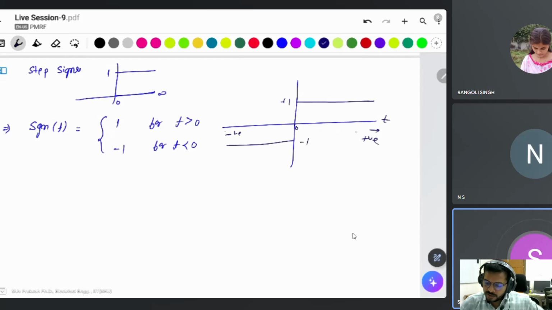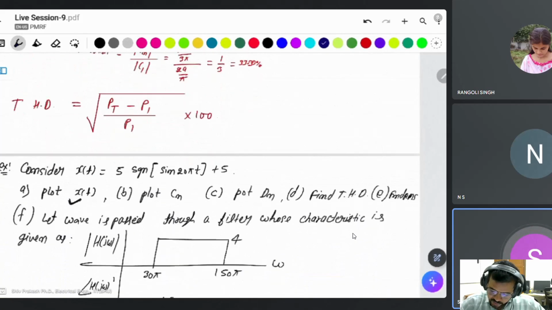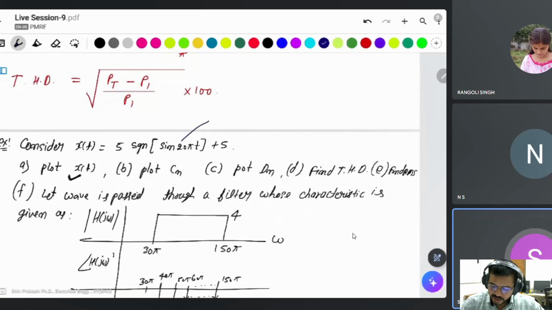If it is positive, the function is 1. So first of all find where this will be positive and where negative. If this function is negative, the signum function is minus 1. If this value is positive, then the signum value is plus 1.